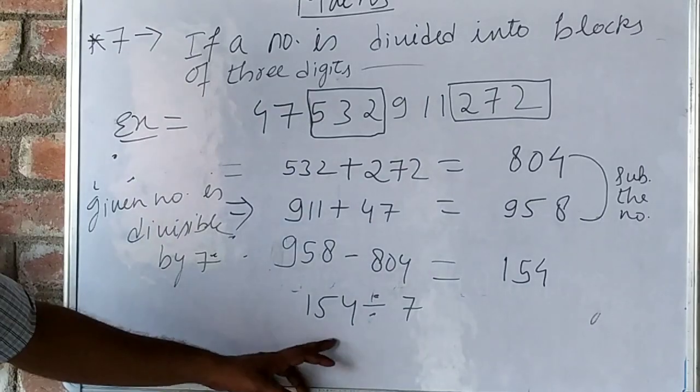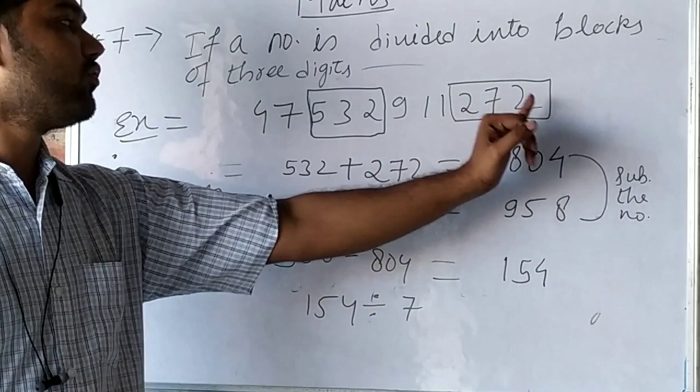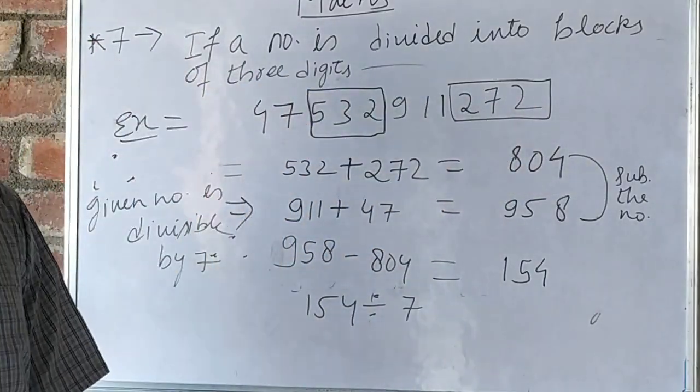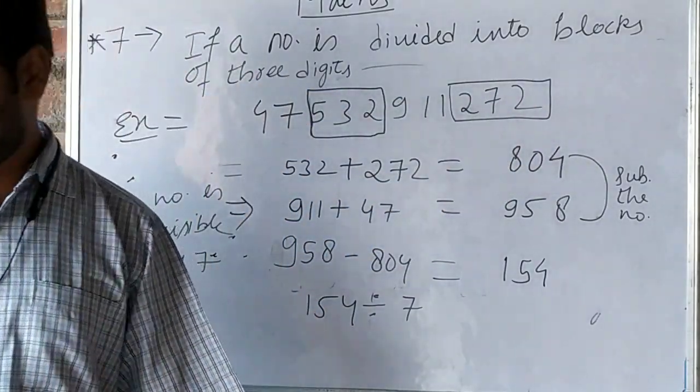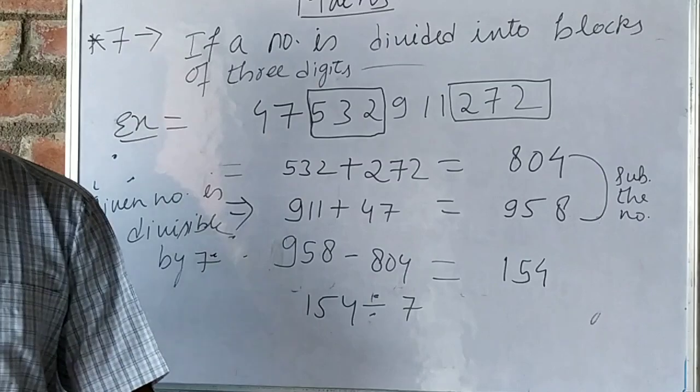If it is divisible by 7, then we can say that the given number is also divisible by 7. So it is a bit tougher. You have to practice it more. Understand?